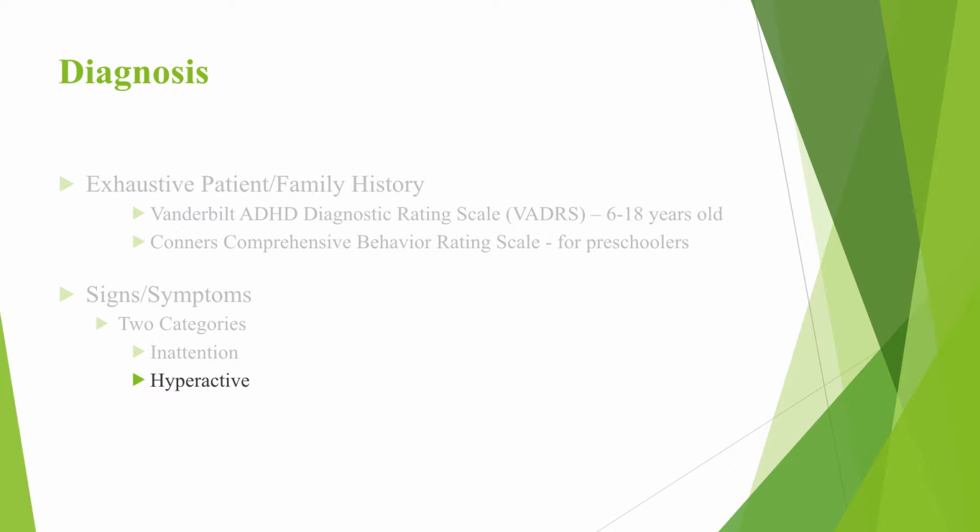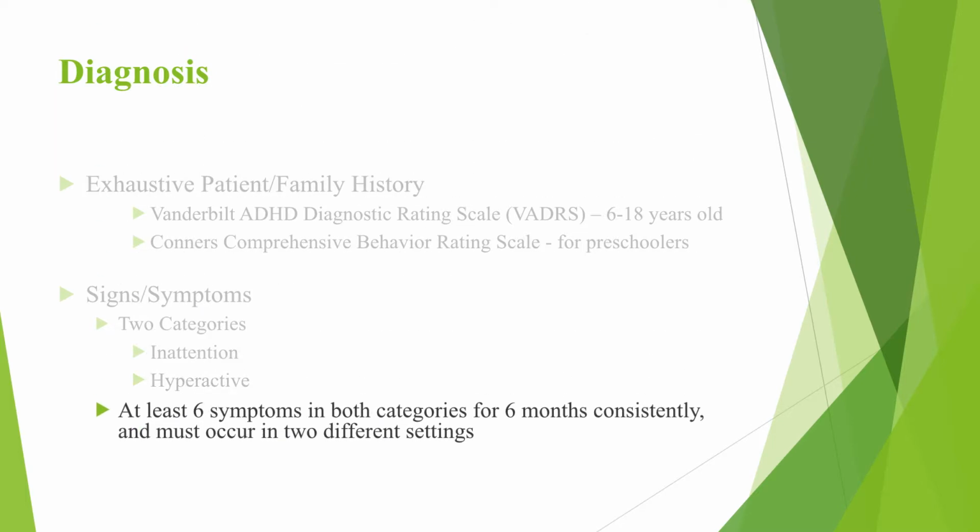Hyperactive, on the other hand, would include questions such as: does the patient fidget, not stay seated, run or climb when inappropriate, is unable to engage in leisure activities quietly, talk excessively, act as if always on the go, blurt out answers before questions are completed, or often interrupt others?